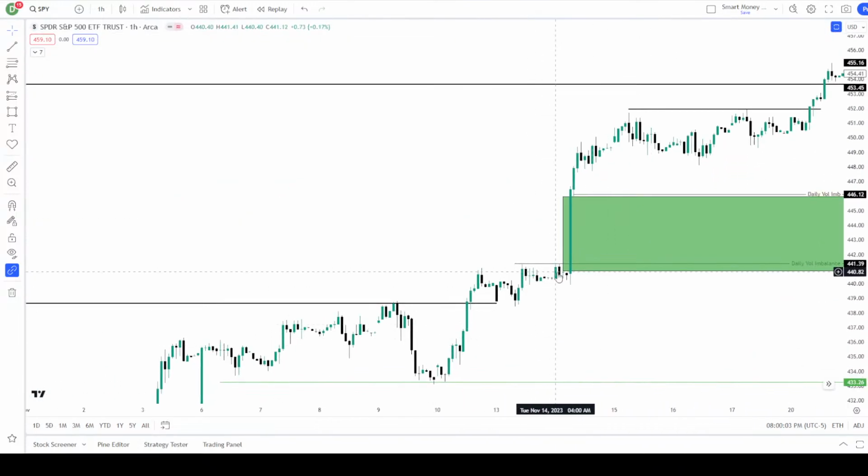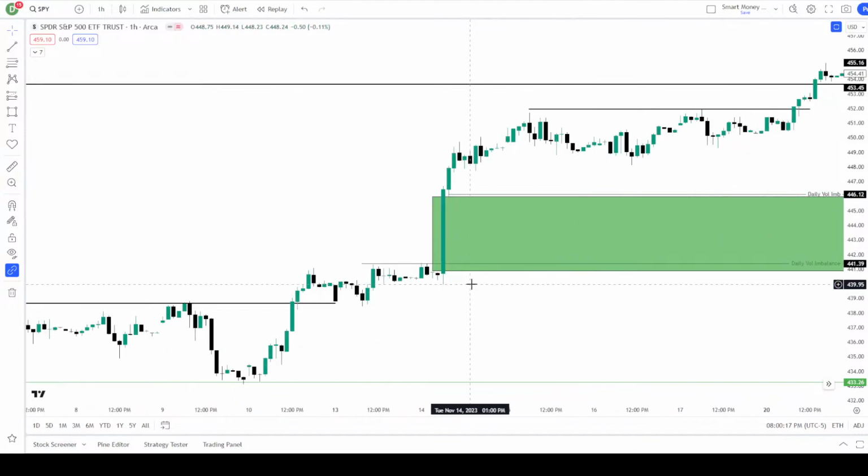We were kind of just chopping around. This is 1 hour. In 1 hour, we see price inefficiently deliver to the upside, and we have not seen price come down and rebalance this zone out. That's what leaves a fair value gap. It's just inefficiency in price delivery and an imbalance.